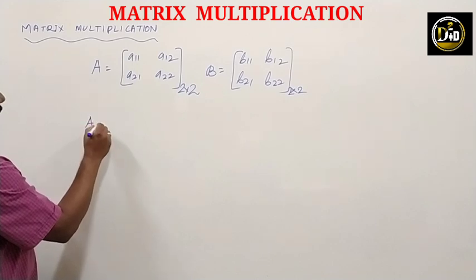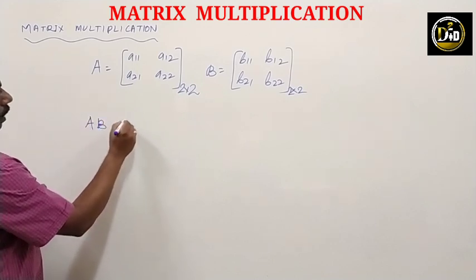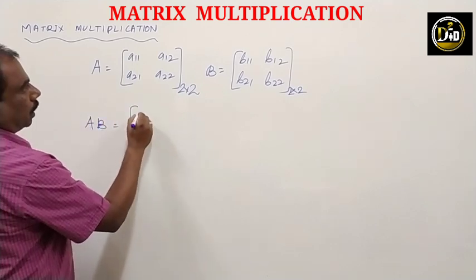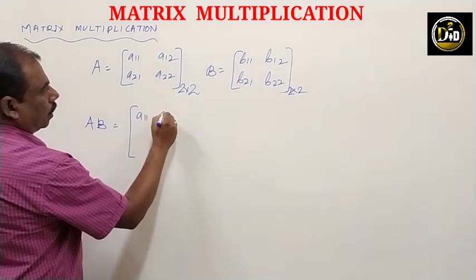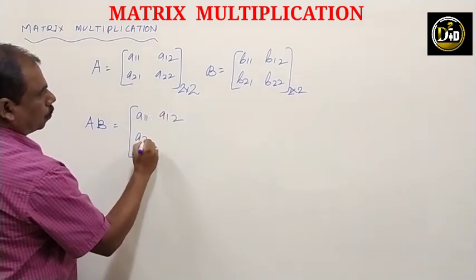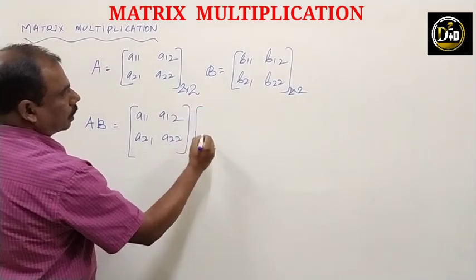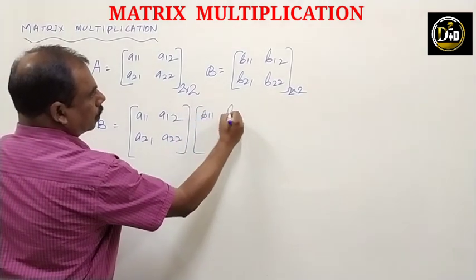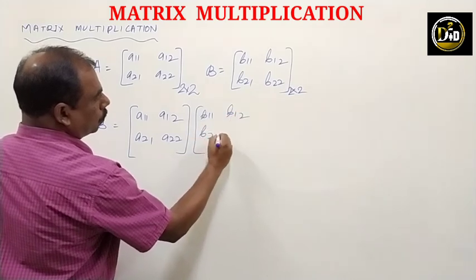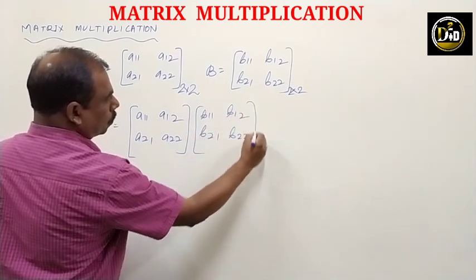And we find the product A into B, and that is equal to A11, A12, A21, A22 into the second matrix B11, B12, B21, B22.